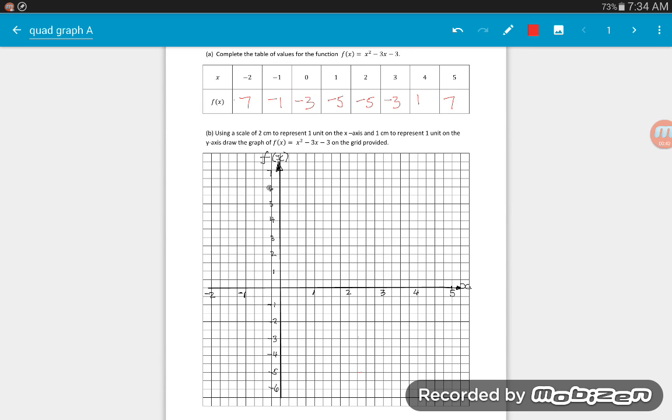Next, we plot these pairs of values on our axis, which is already being prepared at the required scale.